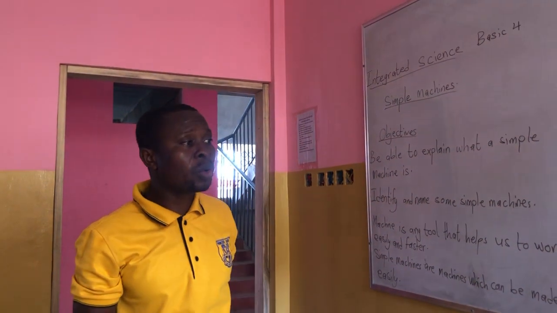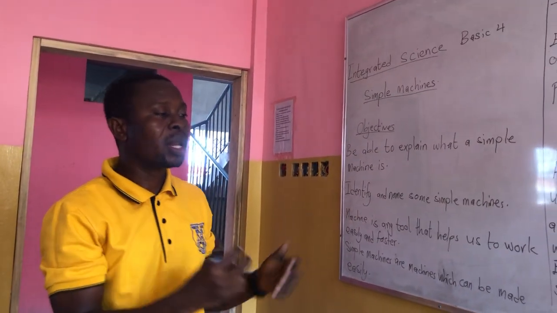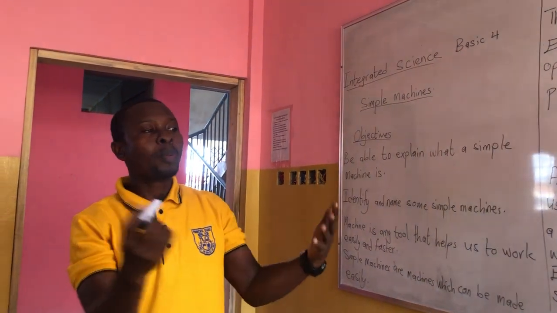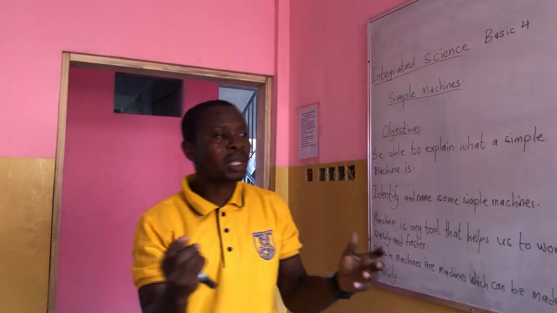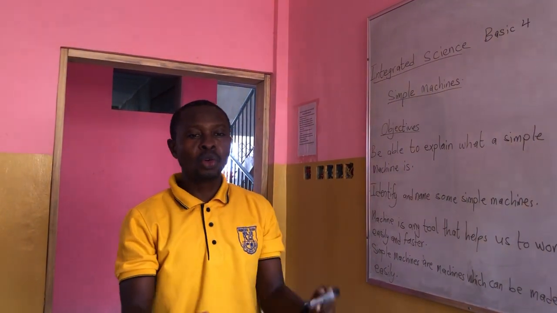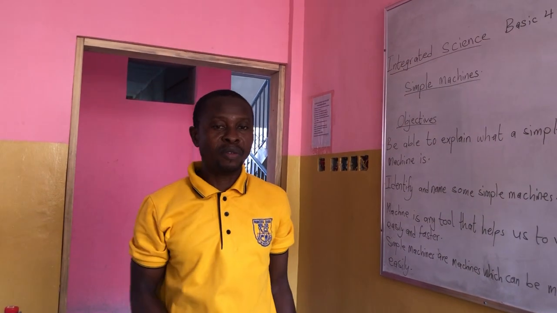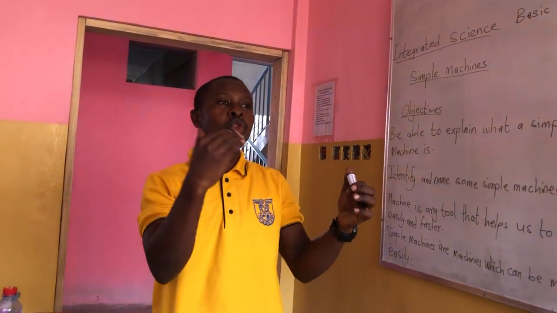Good. So a pulley is used for pulling water from the well. Most of the time we use a pulley to pull water from the well and also to lift loads from the floor to a higher level.